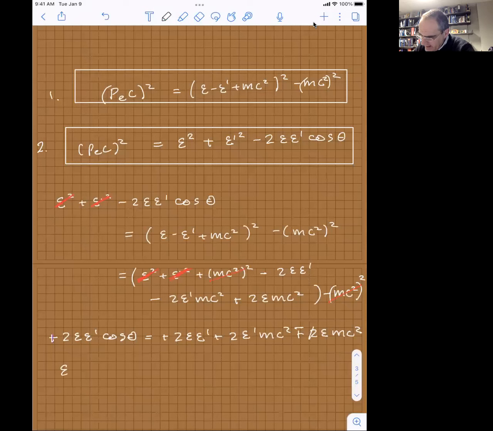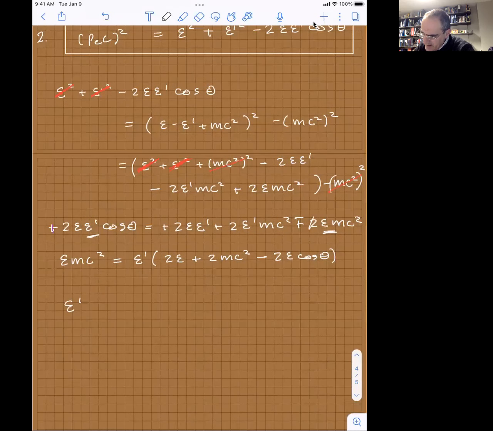Now let's isolate the term that has just E in it. So we have E mc squared, that was this term here, and that's equal to, and all the other terms have E prime in them, E prime times 2E plus 2mc squared, and then minus this term here, 2E cosine theta. So it's clear that E prime is equal to E times mc squared divided by E plus mc squared minus E cosine theta.